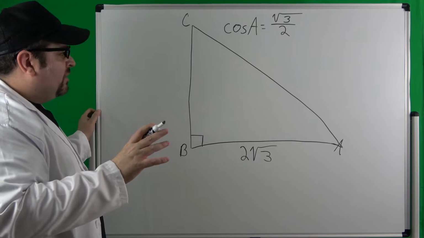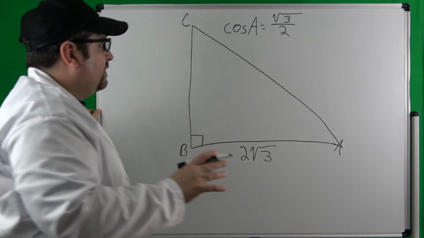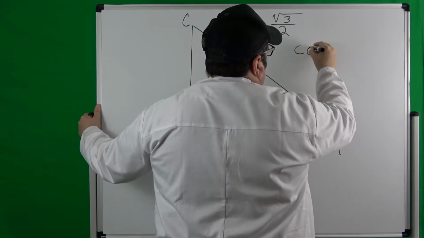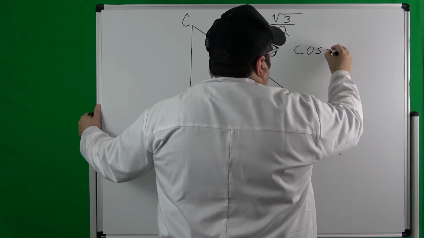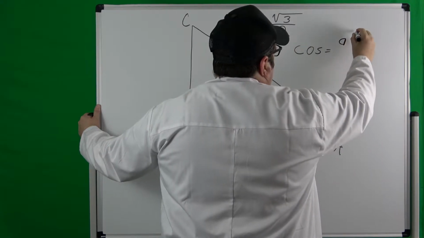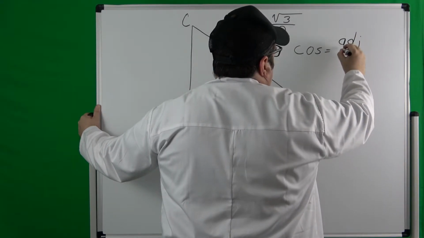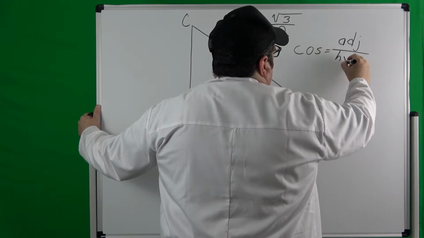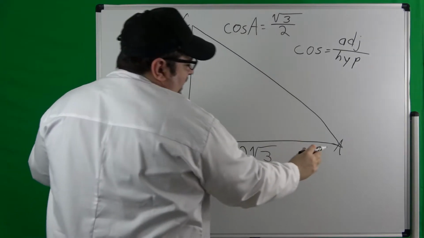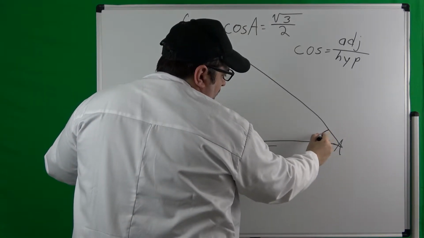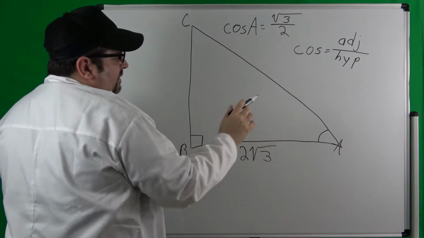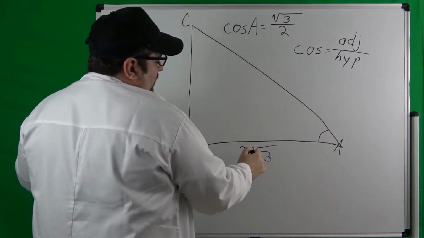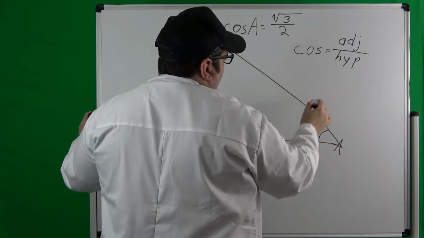And if you remember your SOHCAHTOA, cosine equals the adjacent side over the hypotenuse. So the cosine of A, this is A, it's the adjacent side, 2 radical 3, over the hypotenuse.